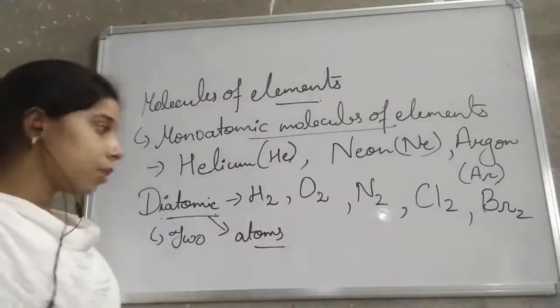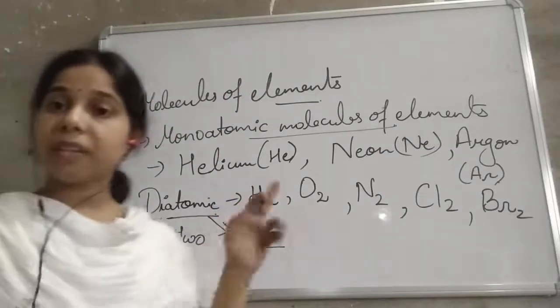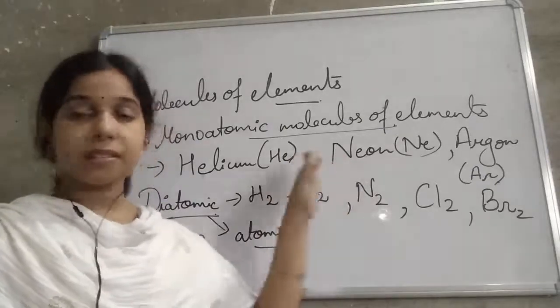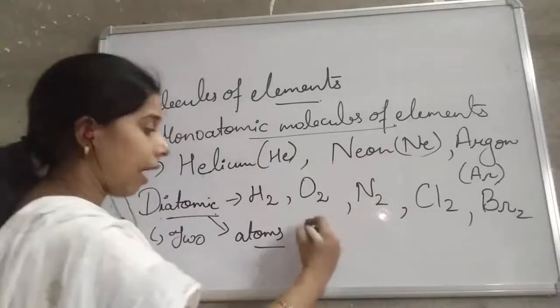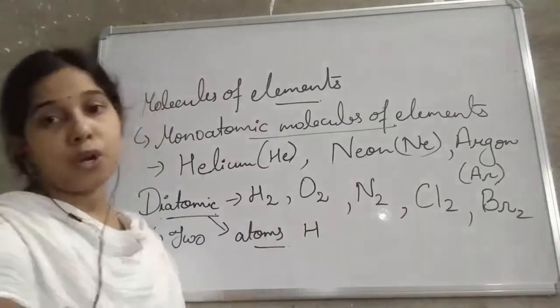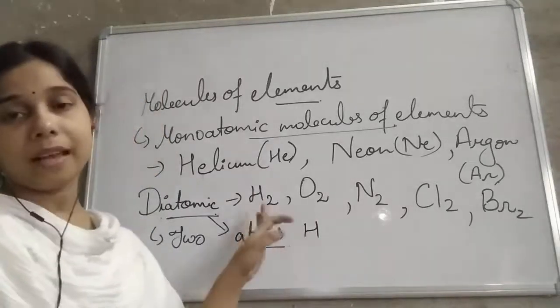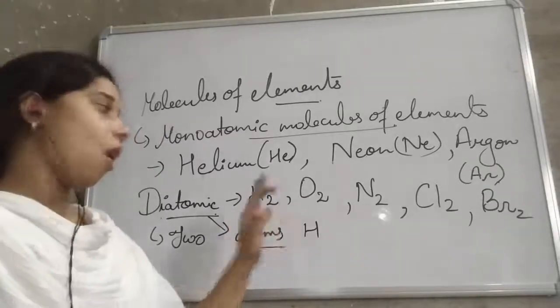Okay, so you see, student, hydrogen never exists in nature in an independent form. It means it is never like a single hydrogen atom in nature. In nature you will always see hydrogen in the form H2.